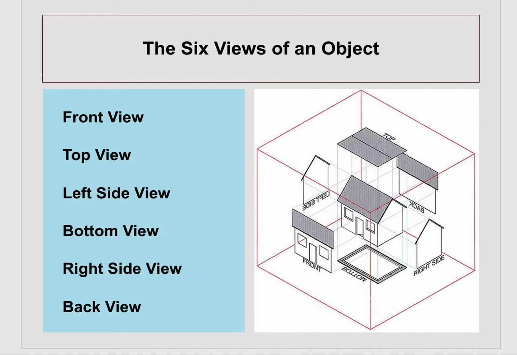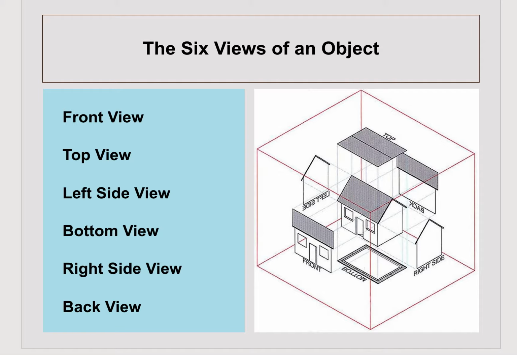Front view, left view, right view, and back view. Those are our 4 elevations. And we do those for every building because unless the left side and the right side are identical, the front and the back almost never are.